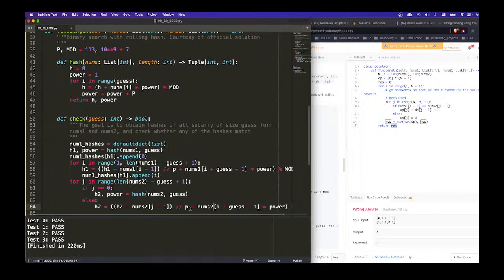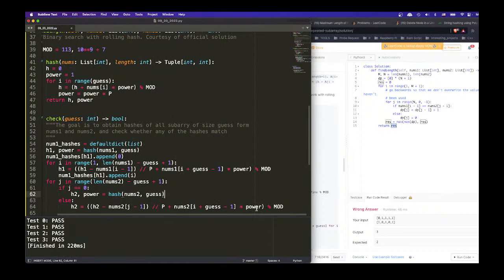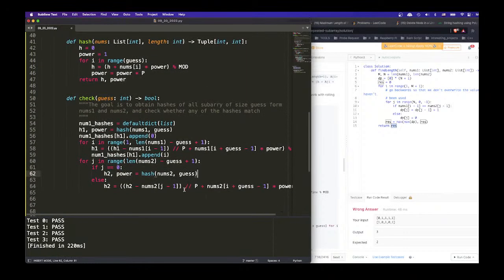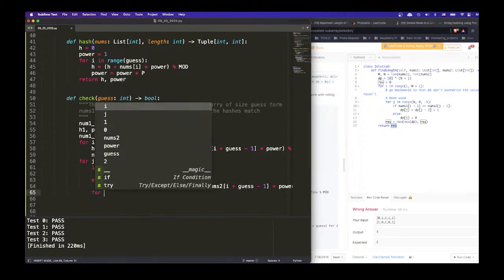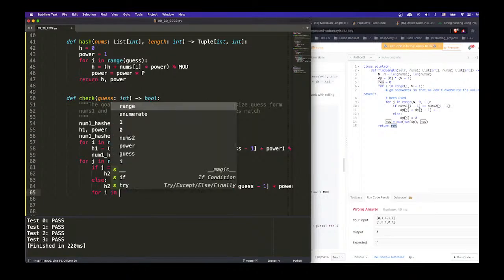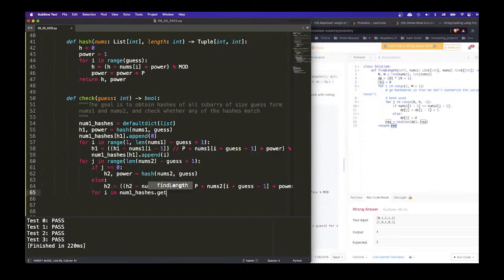Oh, I think this is a capitalized P. Capitalized P. That's fine. The two powers should be the same. Okay, then we say for i in nums1 hashes get h2, right? Well, these are the hashes, the same.